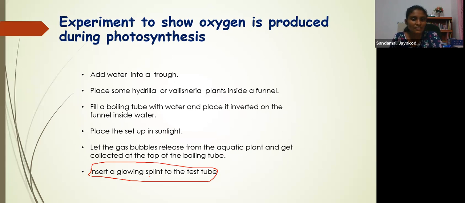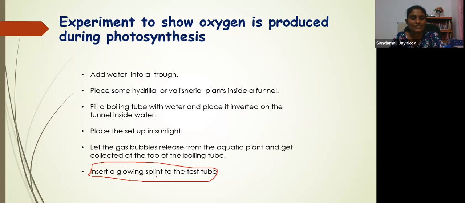So we have to take a glowing splint. Most probably we can take a dry eagle, or we can take an incense stick. Mostly we are taking an incense stick or a dry eagle. Then we take that and burn it.